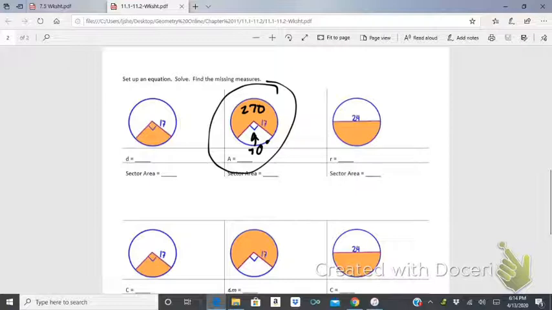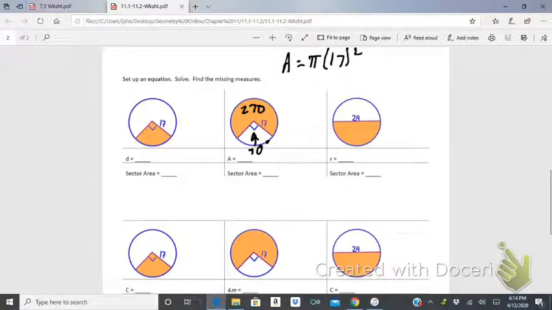So what it really wants me to do is find the area first, and then find the sector area, which is really nice because it actually gives me the radius already. So the area is equal to pi times 17 squared. I'm just going to type that into my calculator. When I do that, I end up getting 907.9.